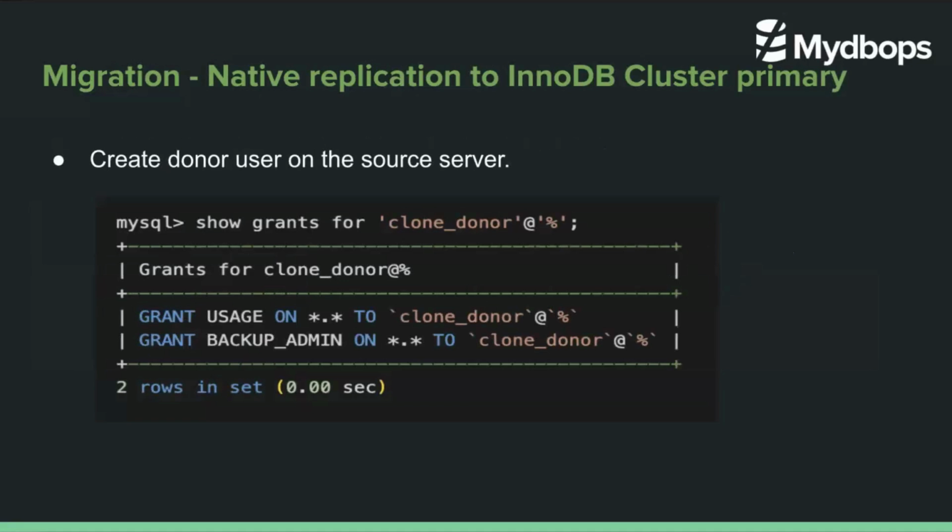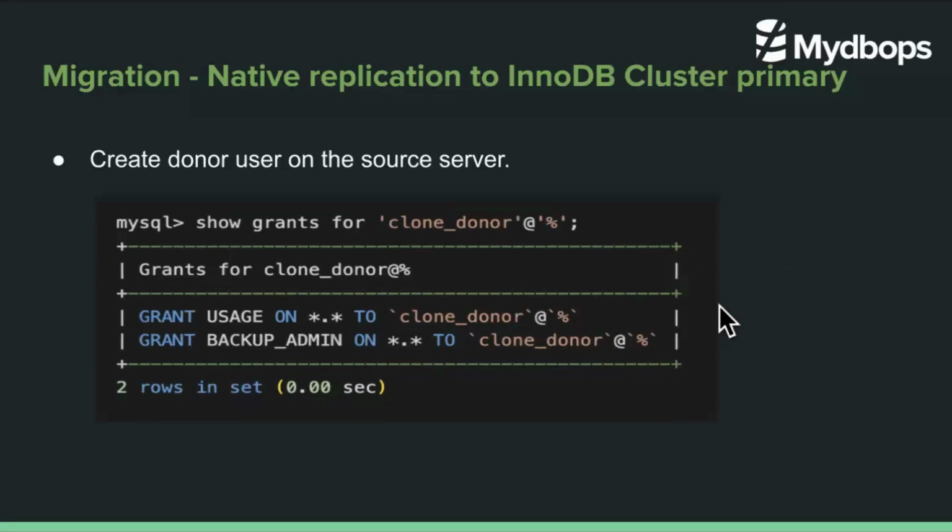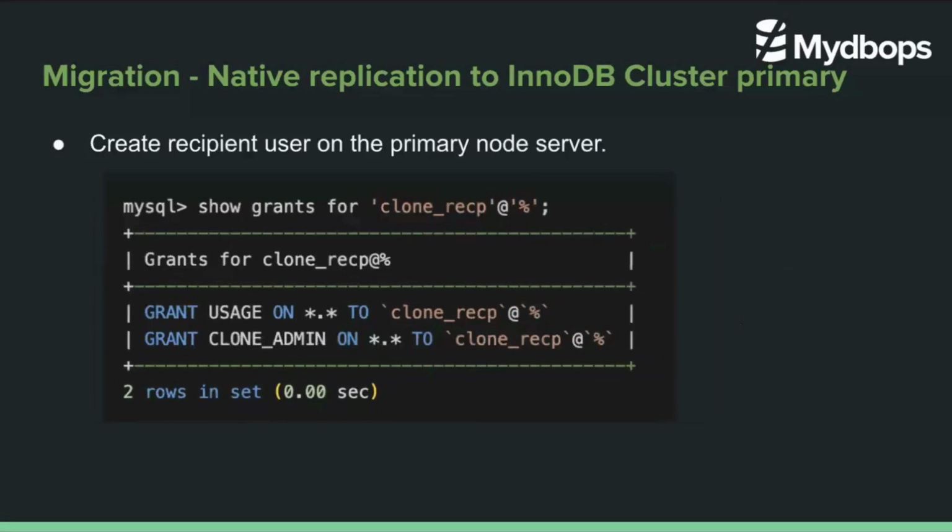So on the source server, and on the primary node server, we need to create a user. The corresponding privileges have been mentioned. BACKUP_ADMIN should be given to the user created on the source server, whereas CLONE_ADMIN should be provided to the user created on the primary node server.